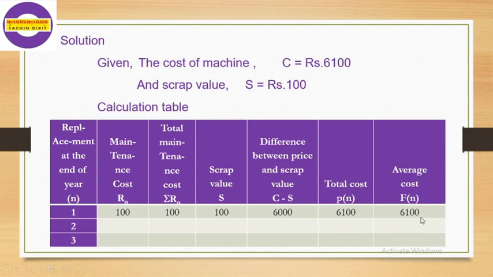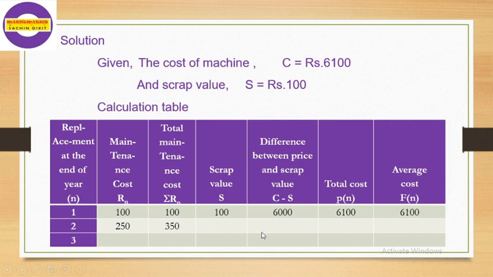Now come to the second year. In the second year, the maintenance cost is 250. Then we find the total maintenance cost. This is the first year maintenance cost and this is the second year maintenance cost, so we add 100 to 250 and get 350.